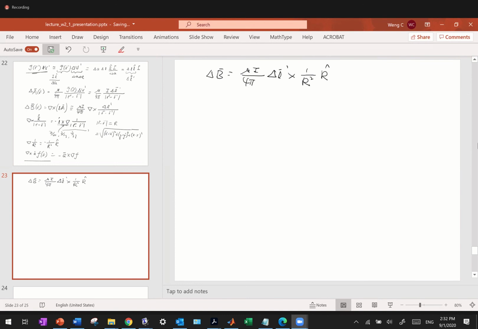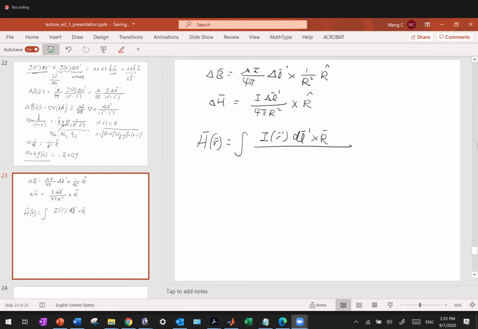And then you can also show that the incremental H field will be equal to I delta L prime over 4 pi r squared crossing with r hat. Putting all this together, we finally would be able to show that the magnetic field is equal to I integral of dl prime crossing with r over 4 pi r squared. This is called Gauss Law.